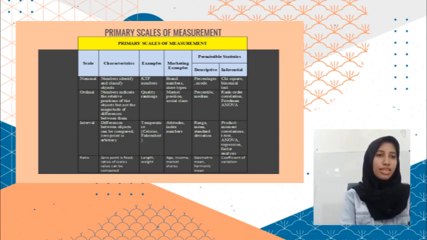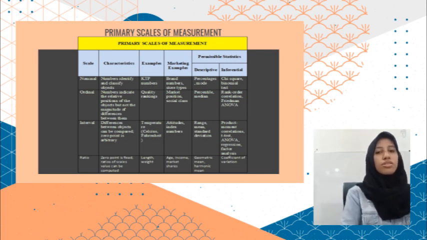Itemized rating scales are divided into Likert, semantic differential, and Stapel.